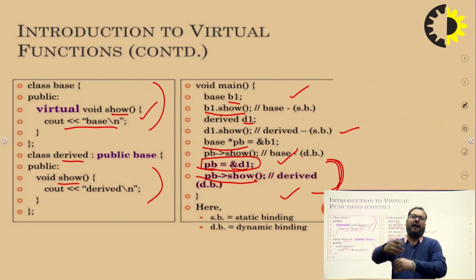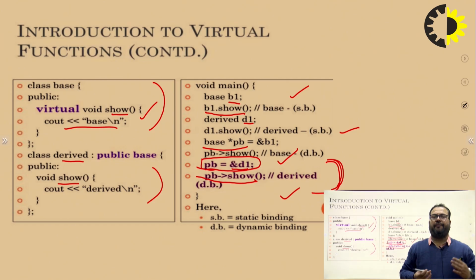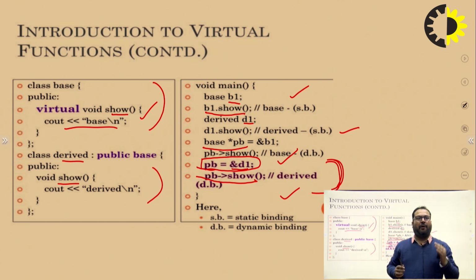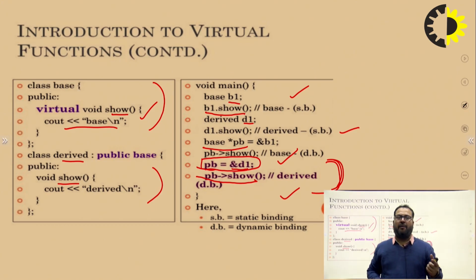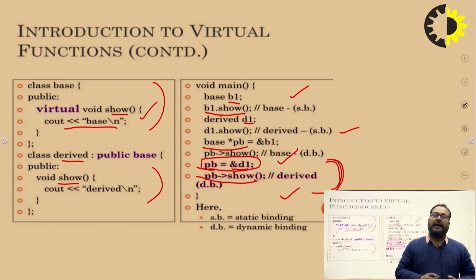The meaning is that if we have a base class pointer, and this base class pointer is now going to point to a particular class, then that particular member function of the class will execute if and only if we have made that function virtual in the base class.